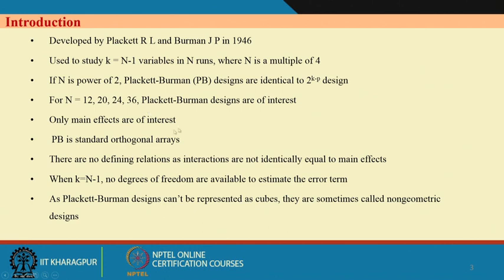Only main effects are of interest. PB designs are standard orthogonal arrays. There are no defining relations as interactions are not identically equal to main effects. When k equal to n minus 1, no degrees of freedom are available to estimate error terms. Plackett-Burman designs cannot be represented in cubes. They are sometimes called non-geometric designs.